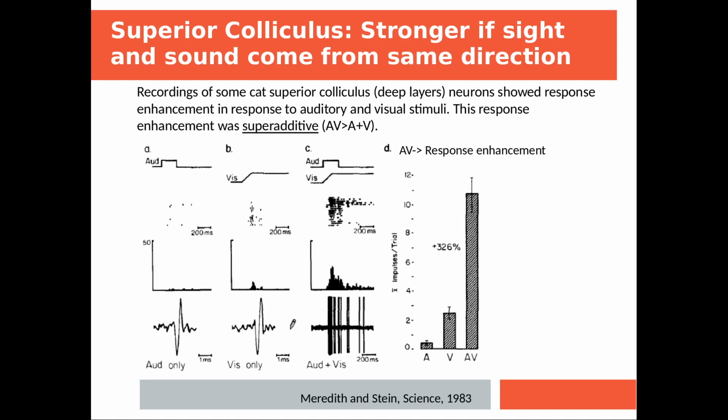So here's a recording from a famous study from Meredith and Stein, where they were looking at these deep layer superior colliculus neurons. The cat was exposed to either only a sound, or only a sight, like a light dot, or to both.